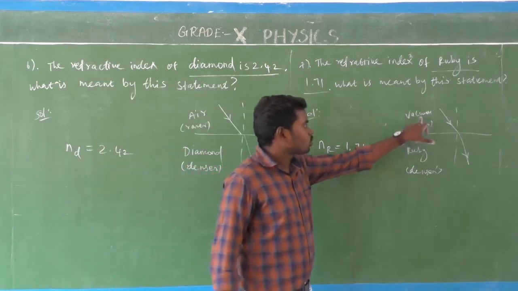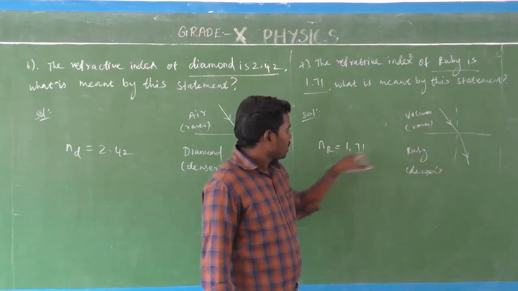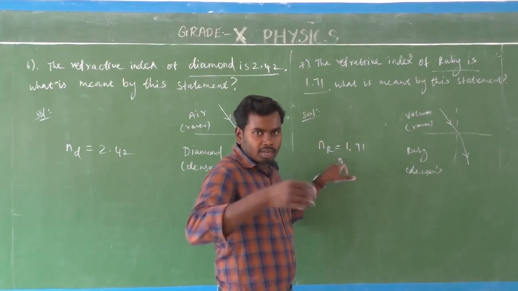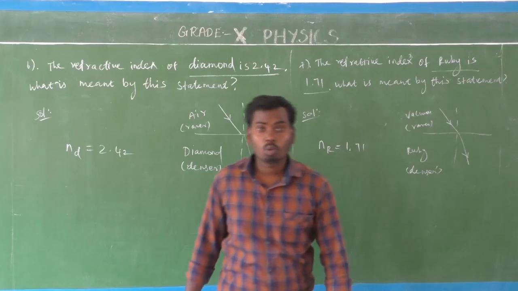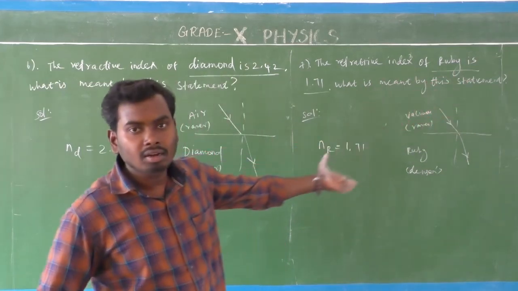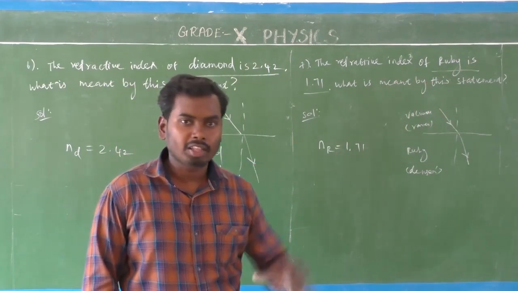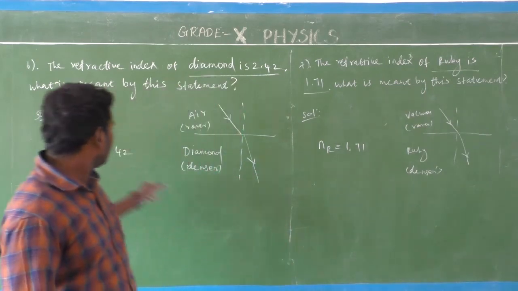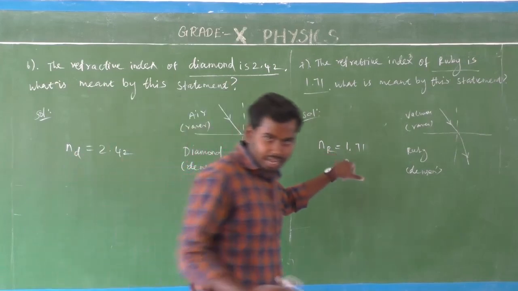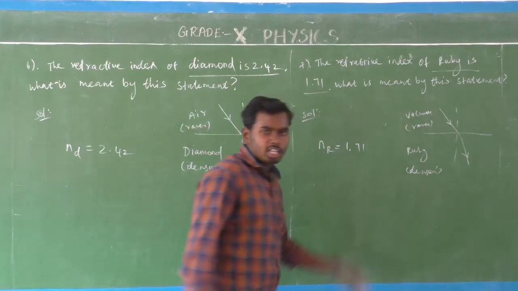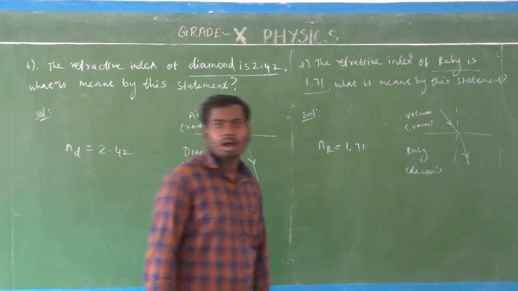So when light goes from vacuum into ruby, the speed decreases 1.71 times compared to vacuum or air. In the first question, the speed decreases 2.42 times compared to air. In this second question, the speed decreases 1.71 times compared to air.